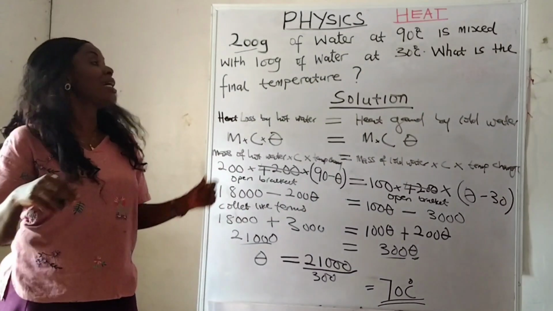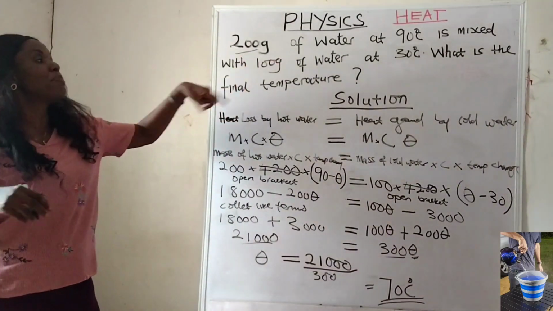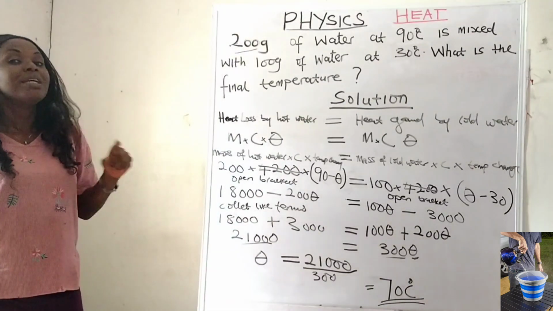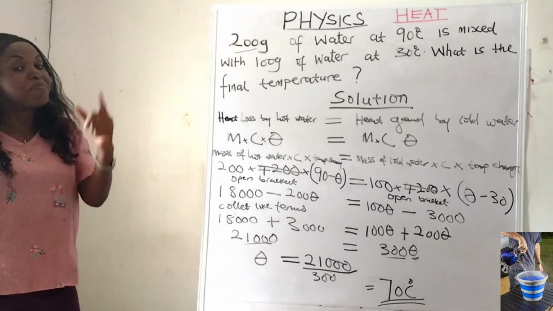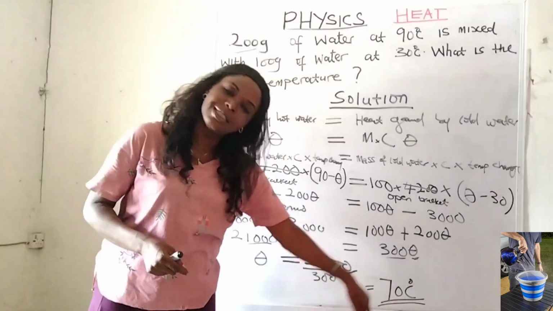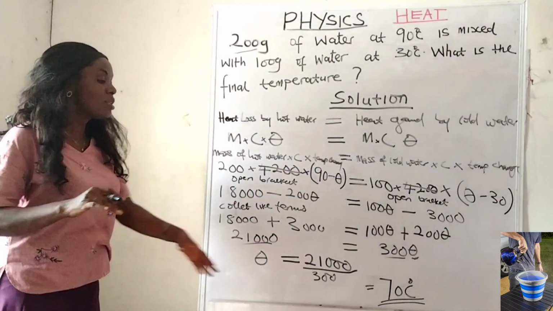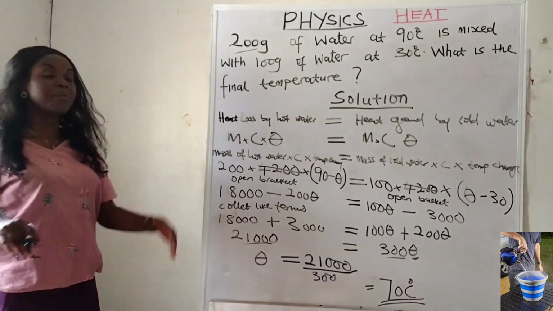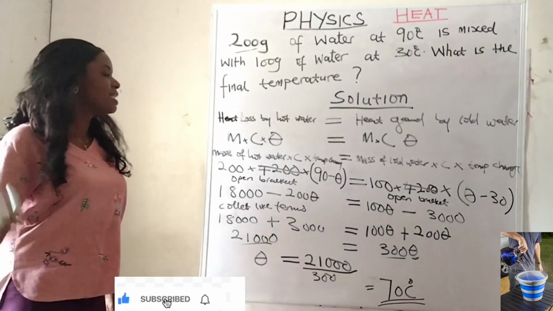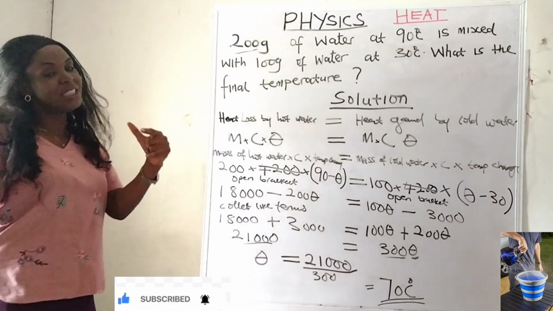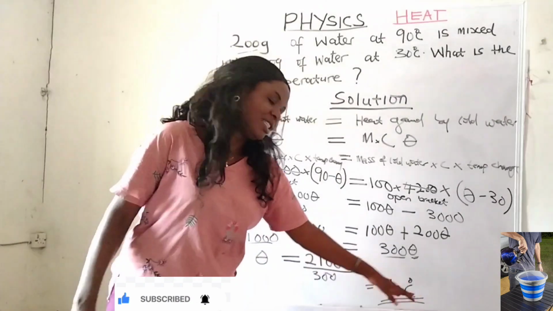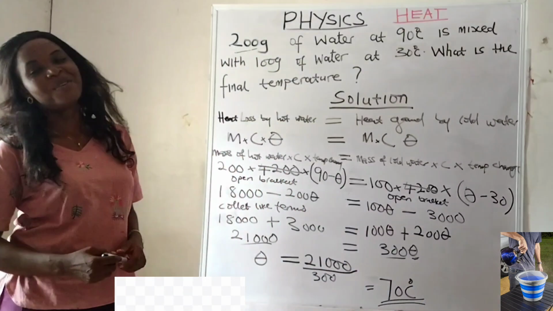So assuming that the person wanted to bathe, maybe he's bathing with warm water, which means the warm water that the person used was at 70 degrees Celsius. Yes. This one is not warm water. The person did not bathe with warm water. He bathed with hot water. But by the way, the main thing is that we have gotten the temperature of the mixture as 70 degrees Celsius. I hope you understand.